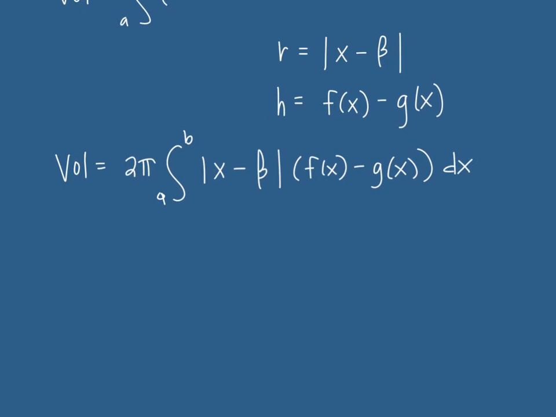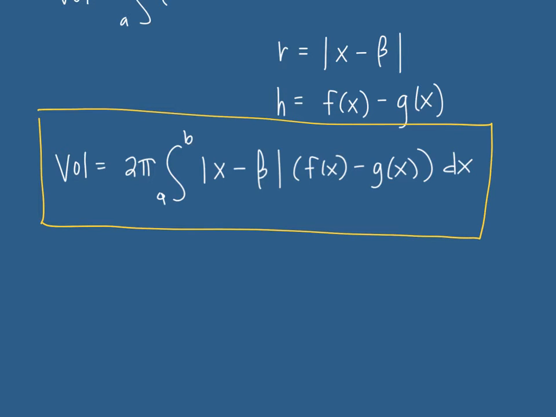That is called the shell method. It's 2 pi r h, where r is always defined a certain way and h is always defined a certain way, but it's based on the rectangle 2 pi r h. This is called the shell method.